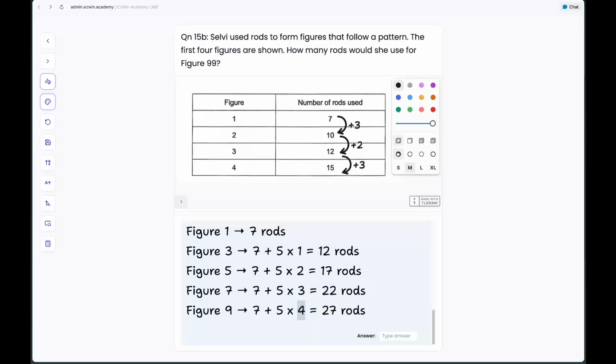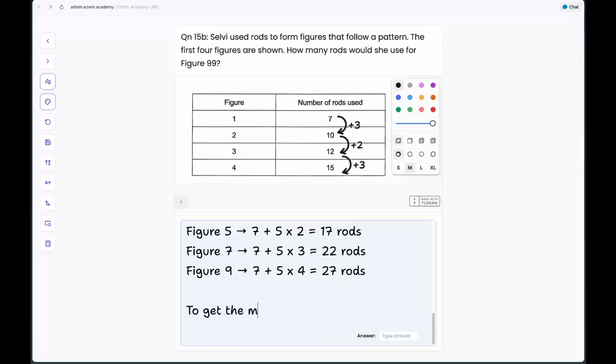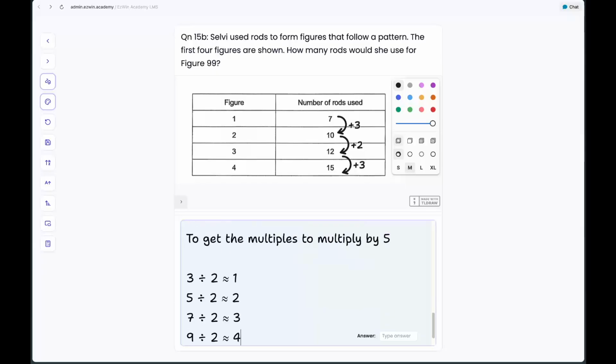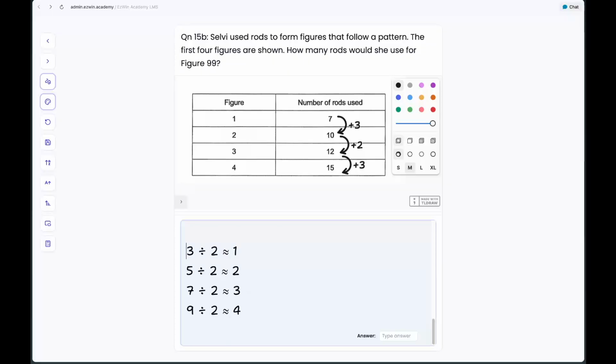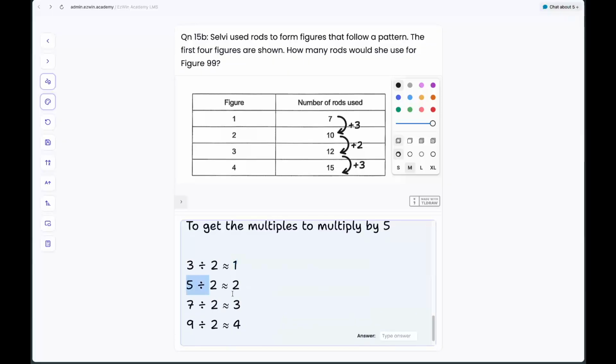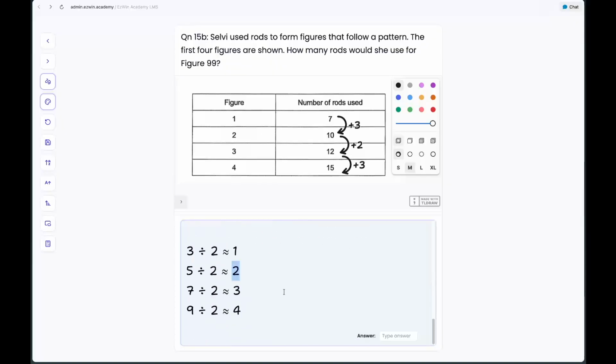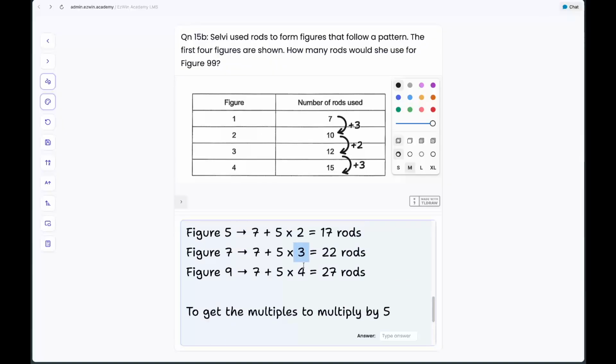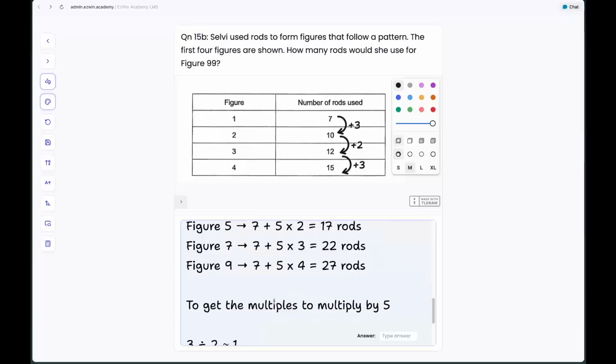So how do we do this? To get the multiples of 5, we need to divide by 2. Figure 3 divided by 2 is 1. Figure 5 divided by 2 is 2. Figure 7 divided by 2 is 3. Figure 9 divided by 2 is 4.